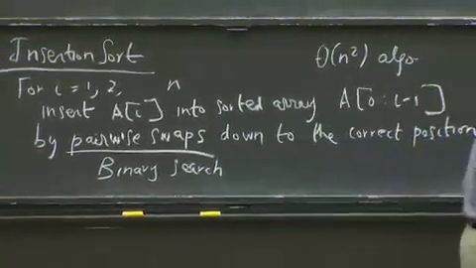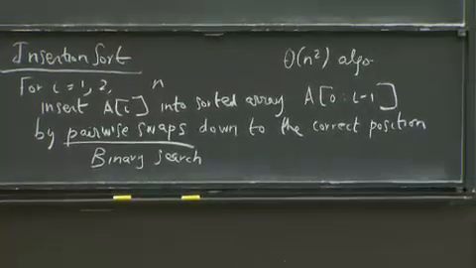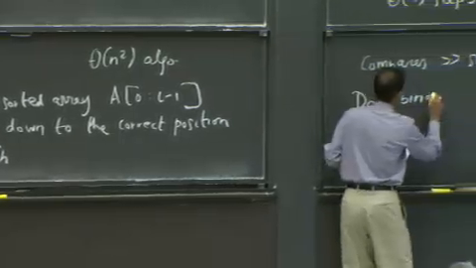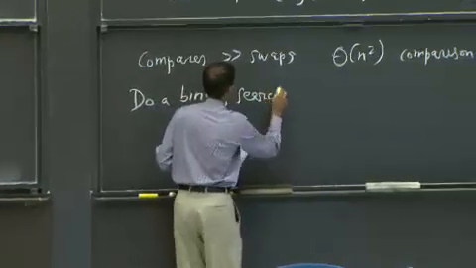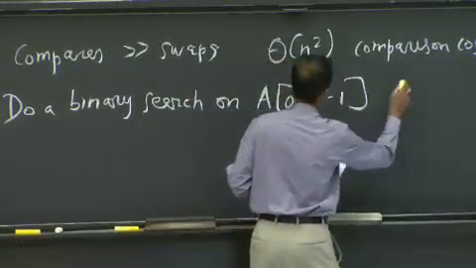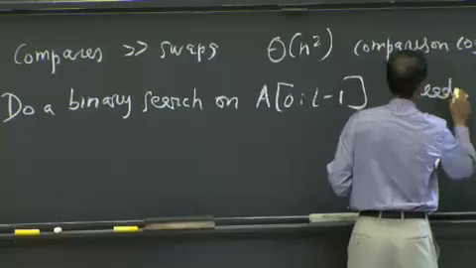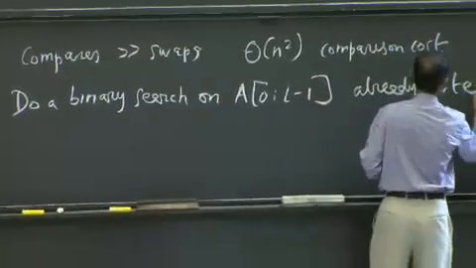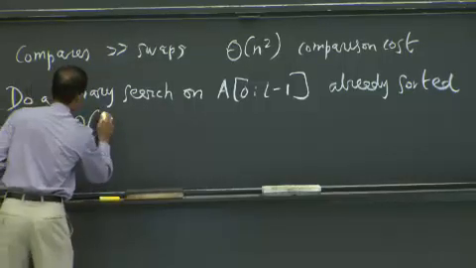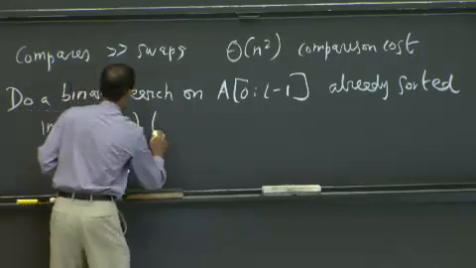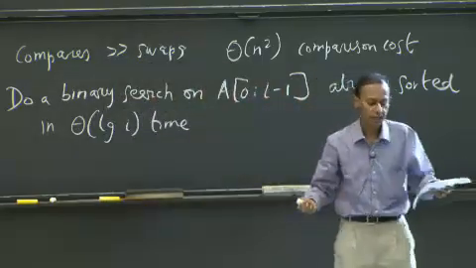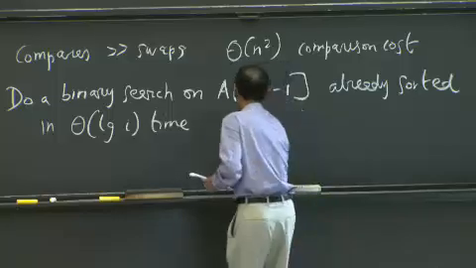And so you can do binary search on that part of the array. Let me just write that down. Do a binary search on A of 0 through I minus 1, which is already sorted. And essentially, you can think of it as theta log I time for each of those steps, and so then you get your theta n log n.